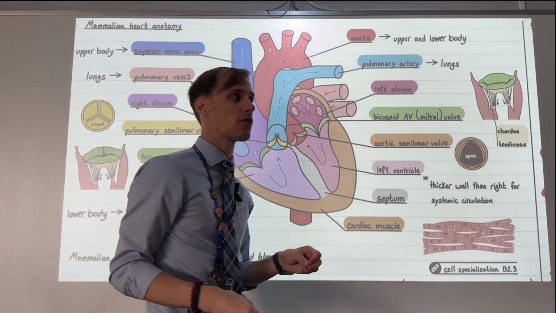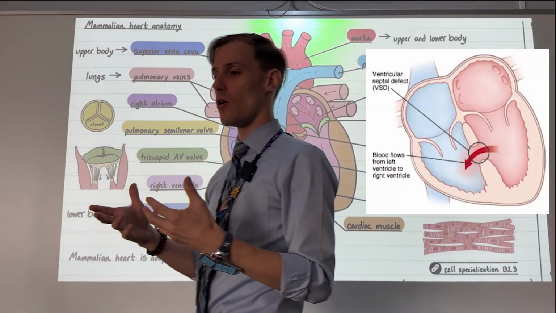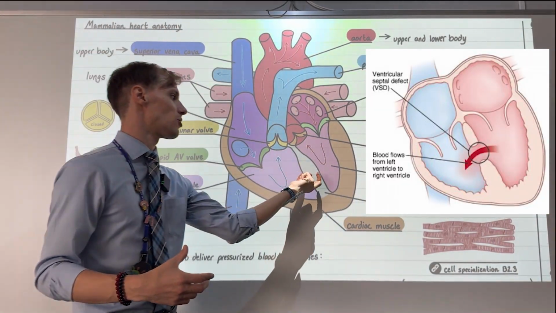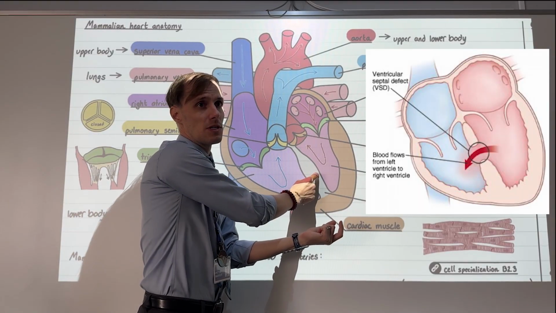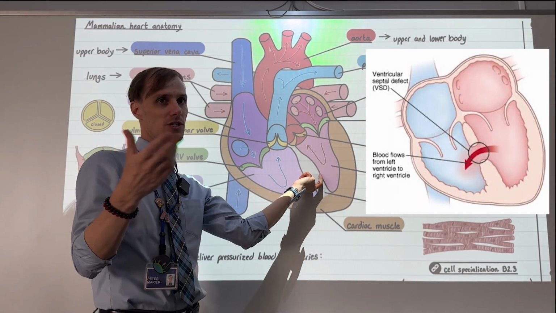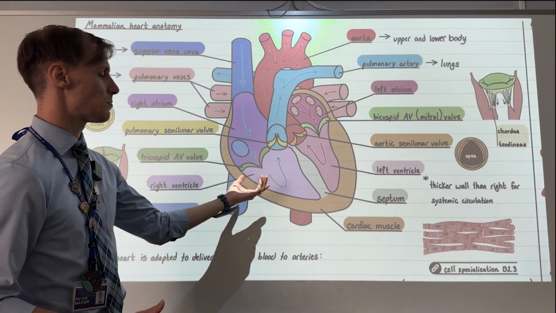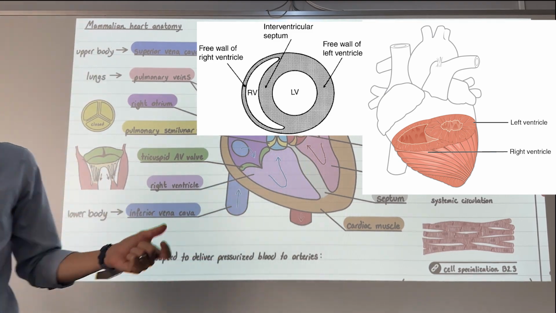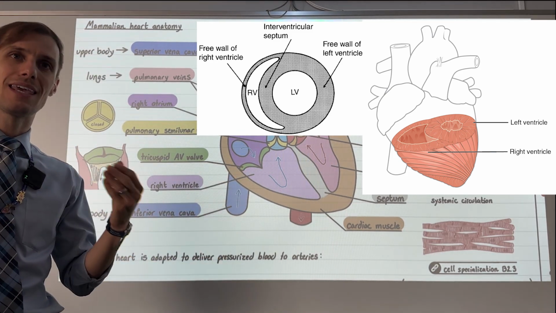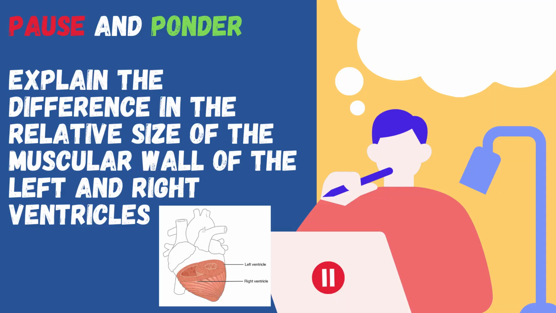In fact, there's even an unfortunate sometimes birth defect or a condition where this has not closed properly, and there'd have to be surgery to rectify that, because you can understand why this could be very problematic now. What do you notice between the relative size of the muscles in the left and the right ventricle? And again, provide an explanation as to why that difference is there.